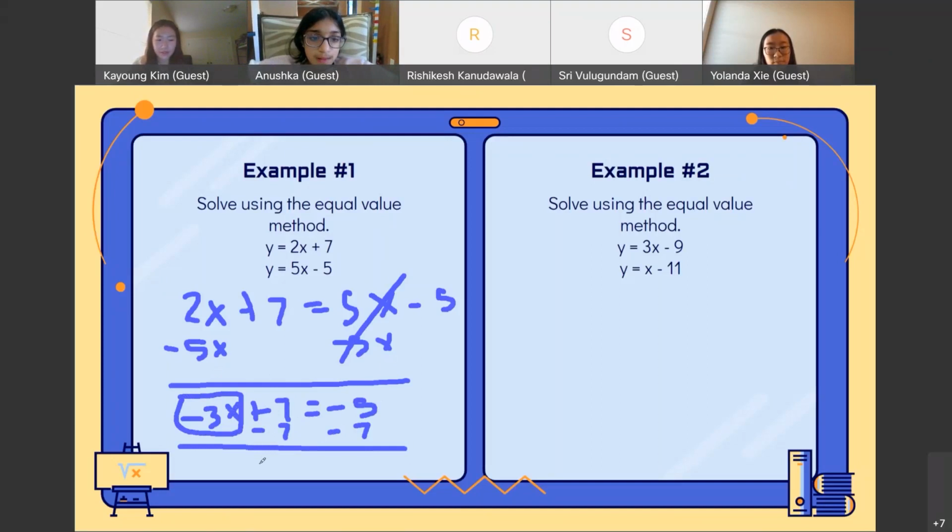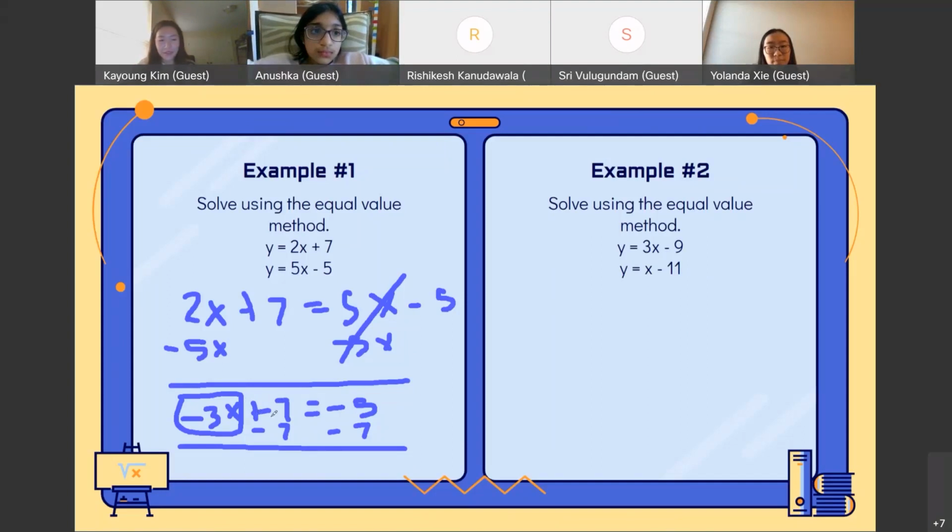So how do you know that you have to subtract 7 from 7 and then 5 from 7? So what I'm doing is I'm trying to isolate the x, right? So you're just subtracting each number that is on the positive side, right? It doesn't have to be positive.